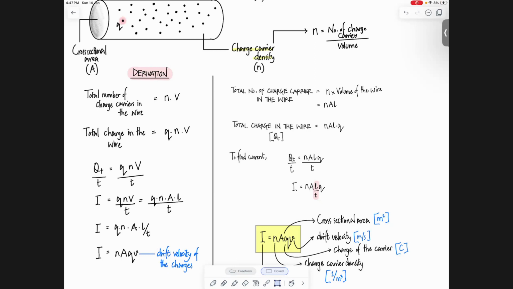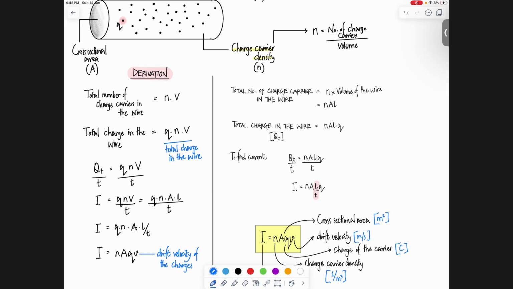Can you explain nAv, q, and v? Sure. So this value that you see here is the total number of charge carriers in the wire. This one that you see here is the total charge in the wire.